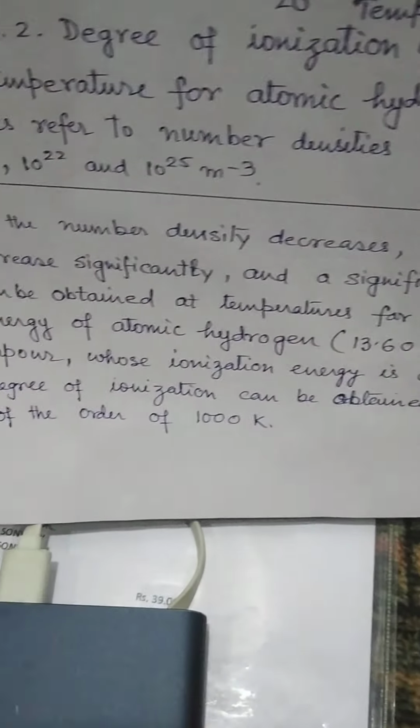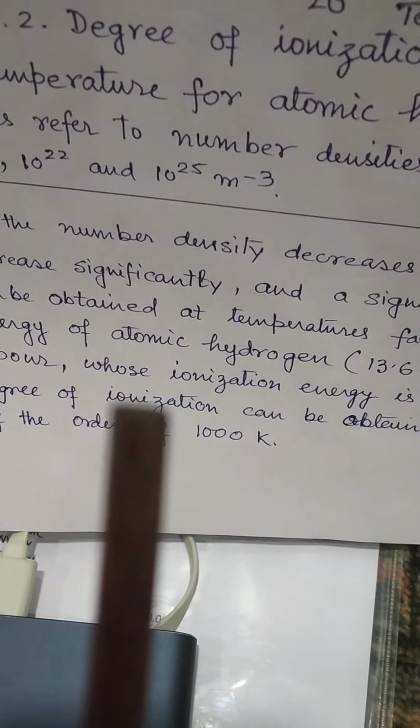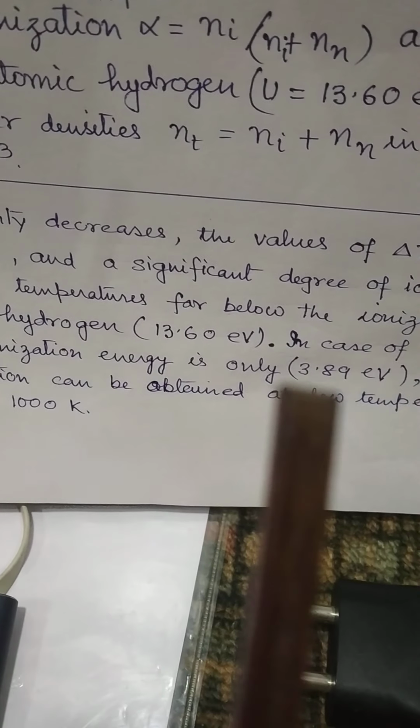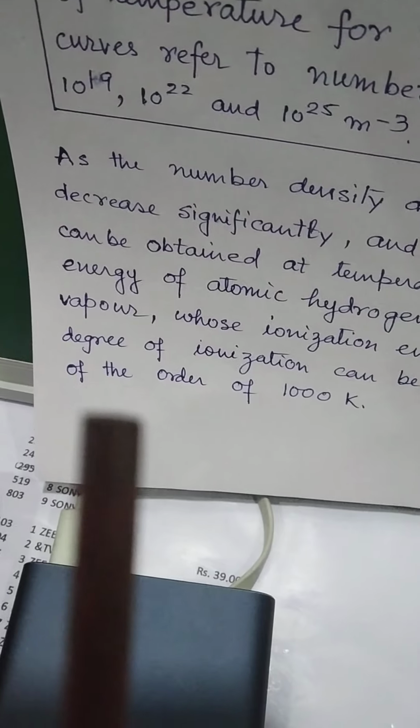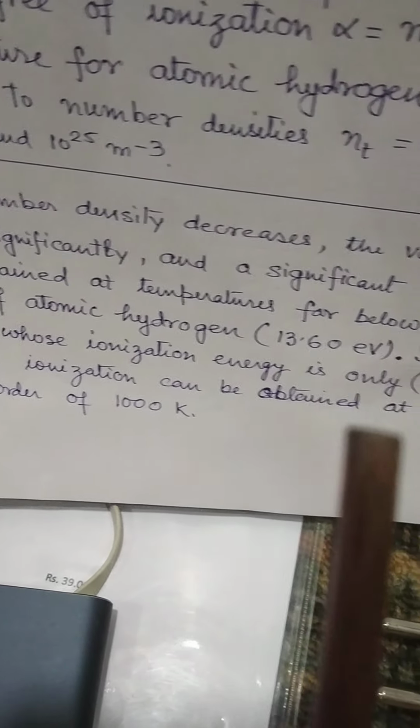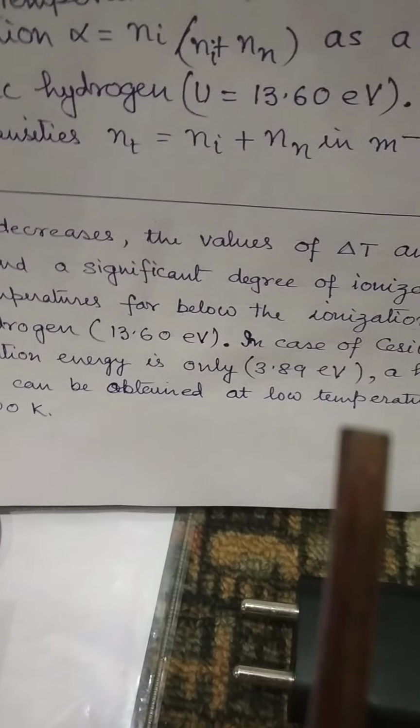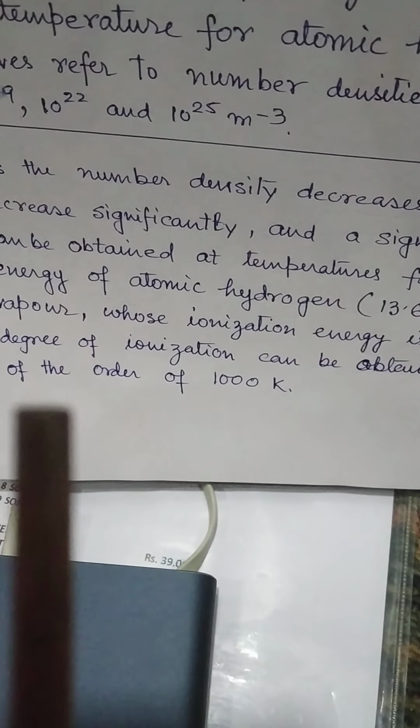In case of cesium vapor, whose ionization energy is only 3.89 electron volt, a high degree of ionization can be obtained at a low temperature of the order of 1000 Kelvin.